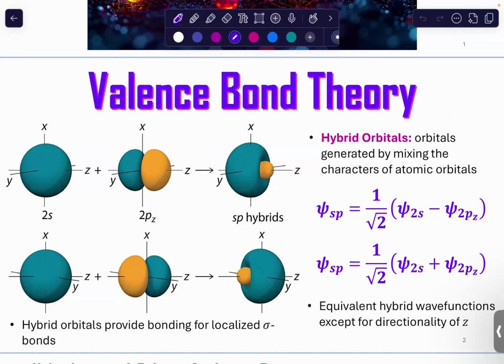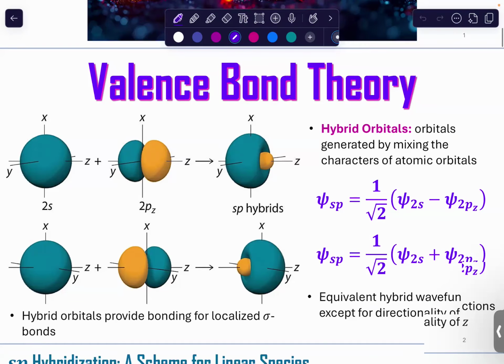A lot of times in chemistry, Z is the axis that's used, especially for inorganic chemists, because that Z axis is where your principal rotation axis goes. It's just the way that inorganic chemists understand things.